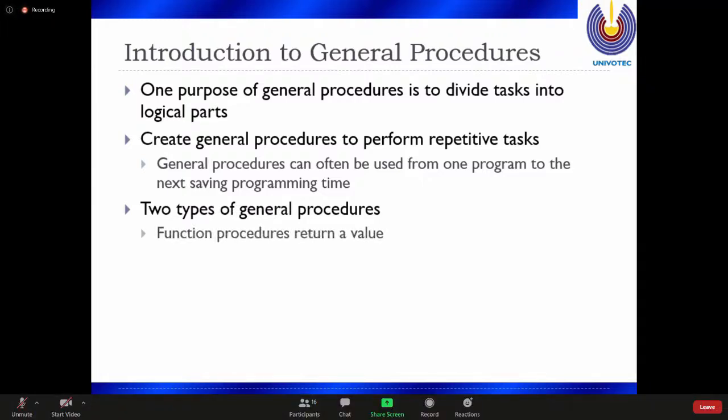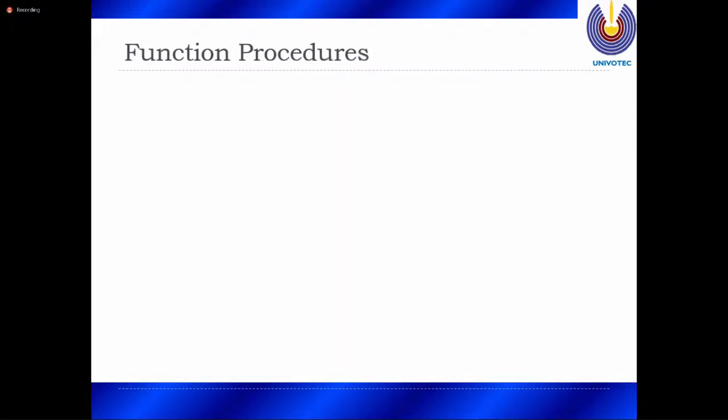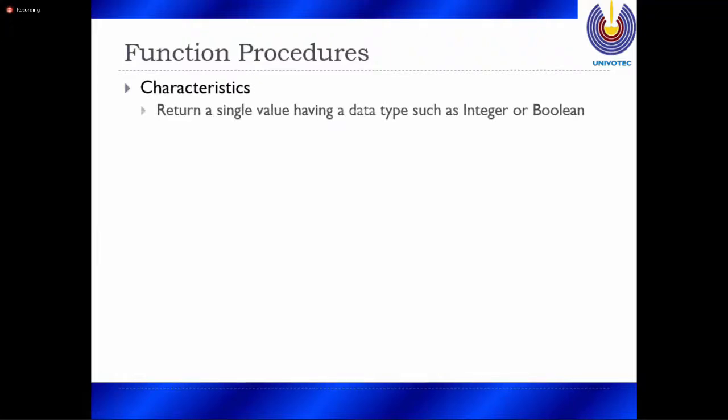Two types: function and sub procedure. A function returns the value. Now both have the scope. For the function procedure, the characteristics are these: it returns a single value having a data type such as integer or boolean. Only the function returns a single value, such as integer, boolean, or string, anything.